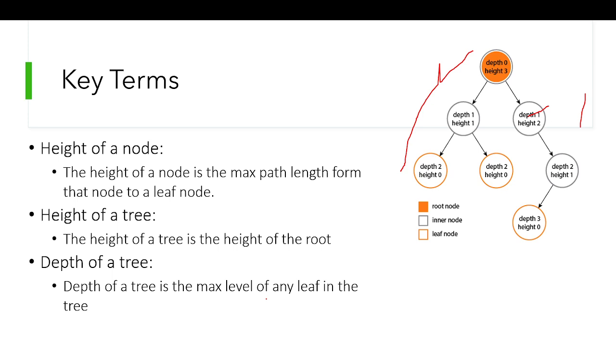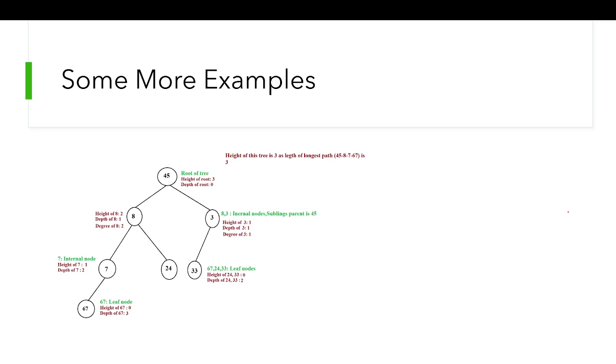The depth of the tree is the maximum level of any leaf. So in this case, the maximum depth is 3. That means the depth of the tree is equal to 3 in this case. So this is another example to understand the height, the depth, and the degree.